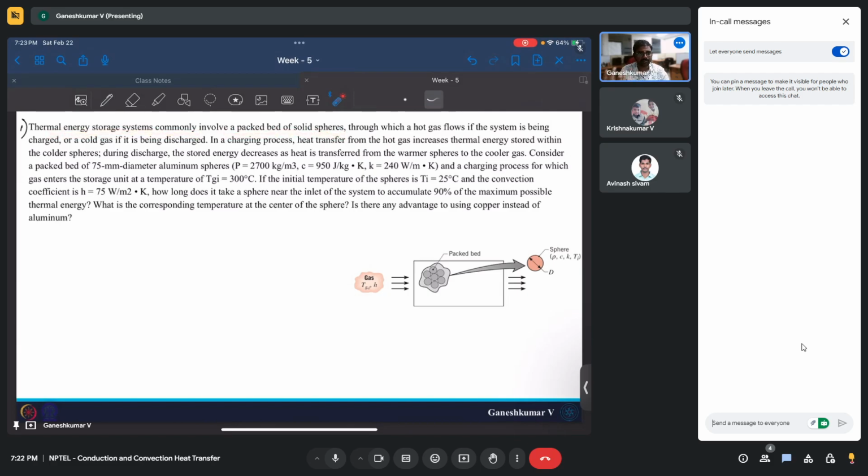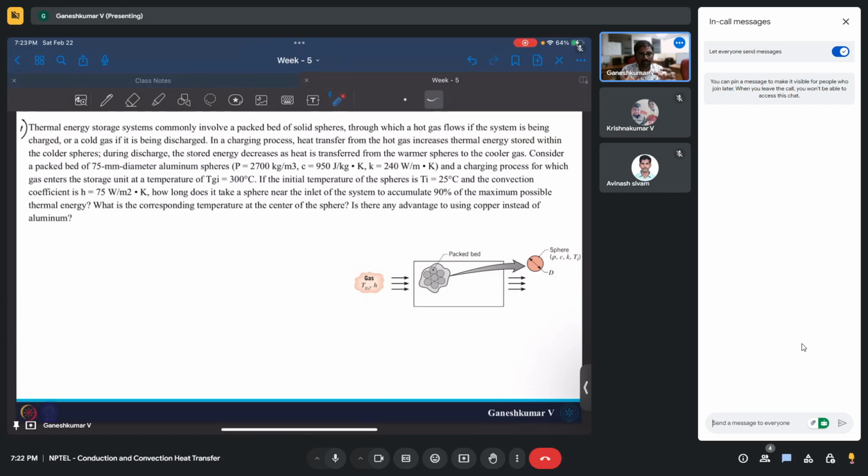So this is something to do with a thermal energy storage system, and they have some solid spheres packed inside this system, through which a hot gas flows if the system is being charged, or a cold gas if it is being discharged. So basically, you want to heat something, and you can use this thermal energy storage system as a heating device.